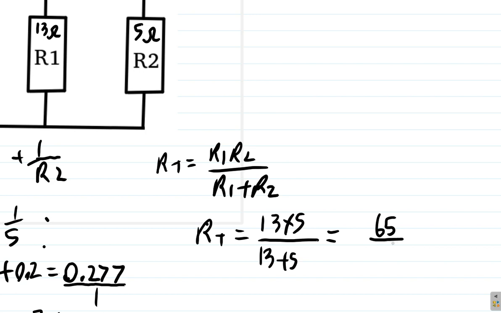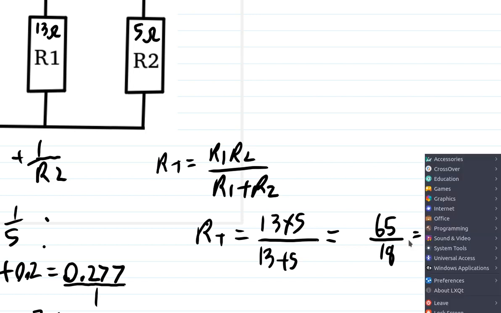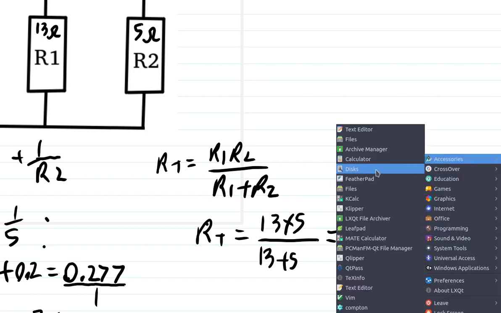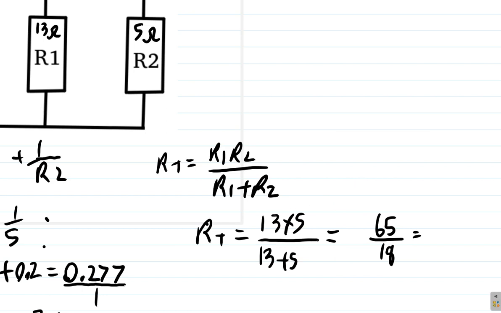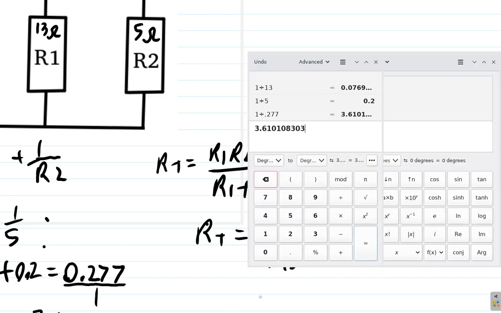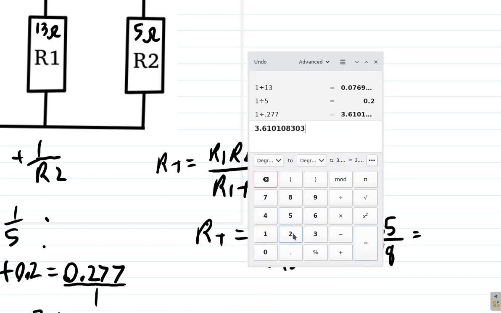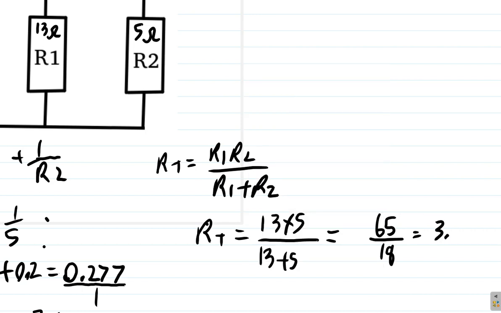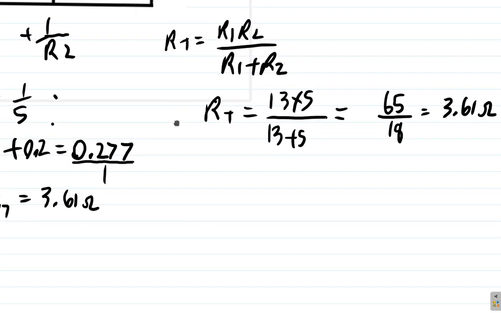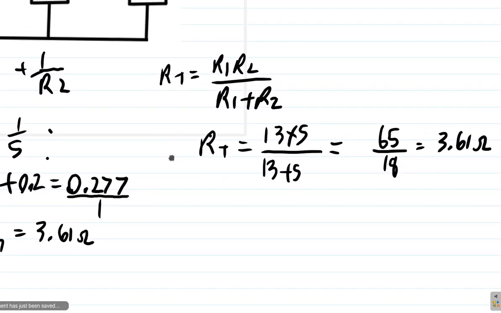That's 65 over 13 plus 5, which is 18. We find out what 65 divided by 18 is equal to. 65 over 18 is equal to 3.61 ohms. So we get 3.61 ohms again.